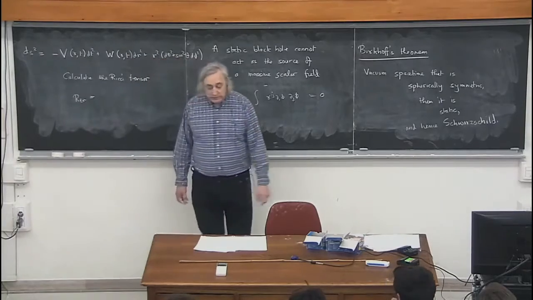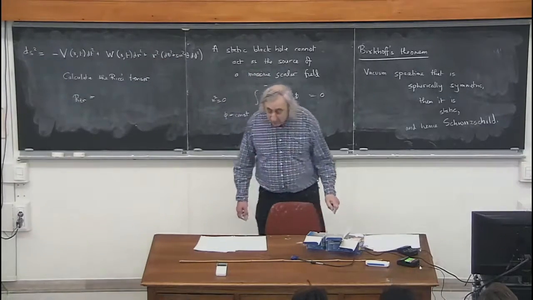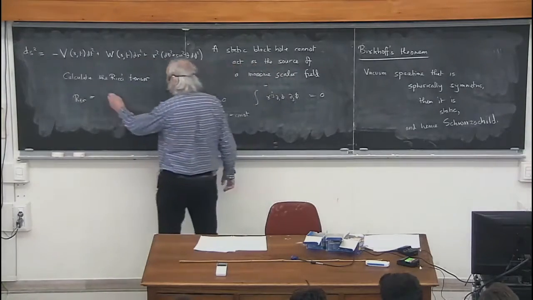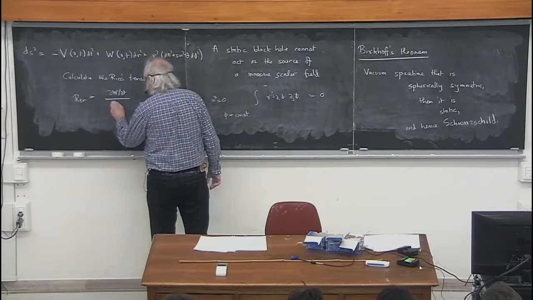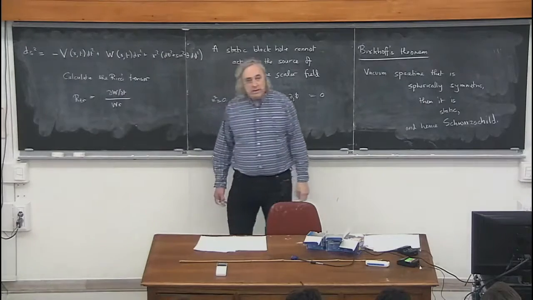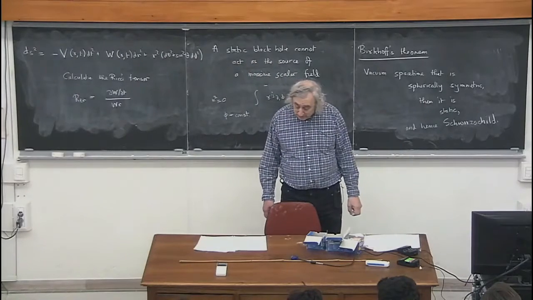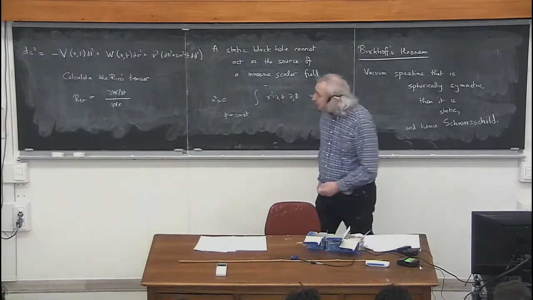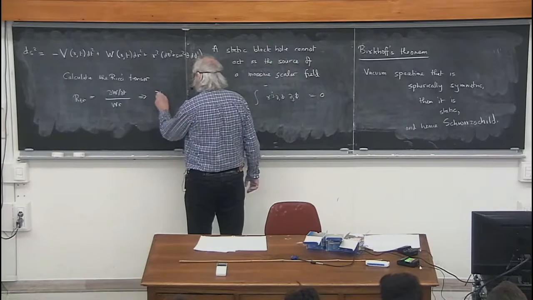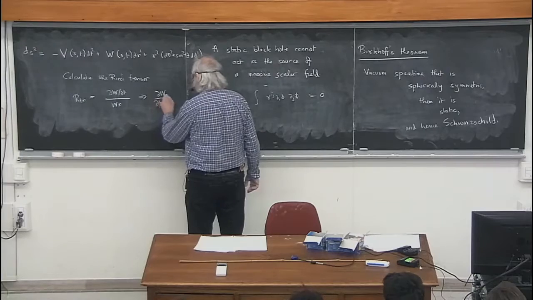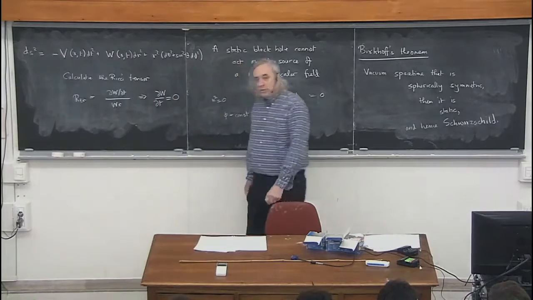This thing has got to be 0, but if you take the line element that we've got here, you'll discover it's equal to W dot, dW/dt, divided by W r. So that immediately tells you if it's 0, W dot is equal to 0. So at this point you're halfway there.